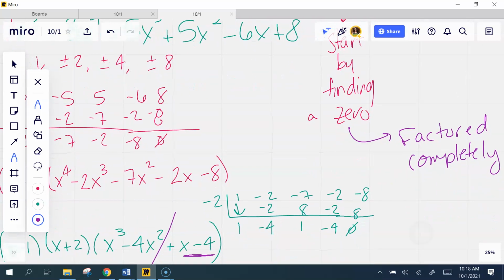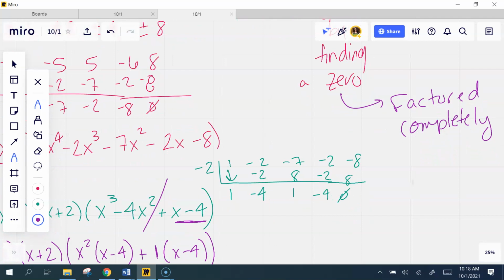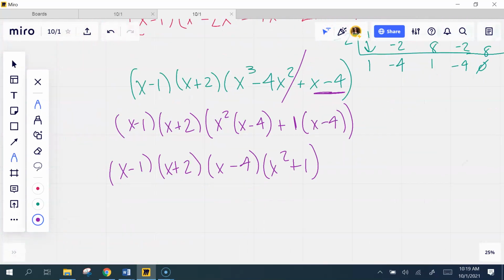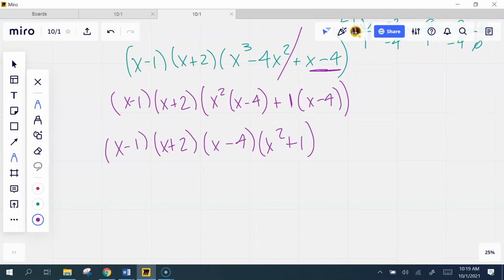What is the problem with my factored completely polynomial? This is not linear, and I need to make it linear. Any ideas what I can do?